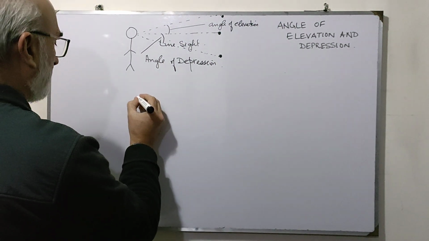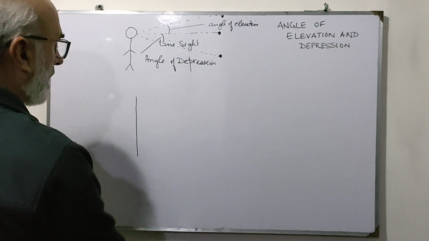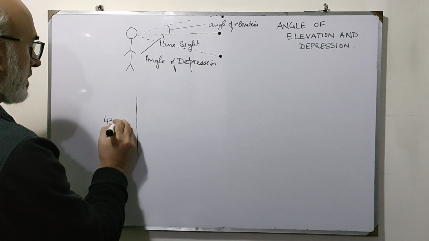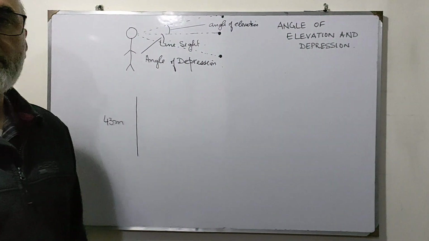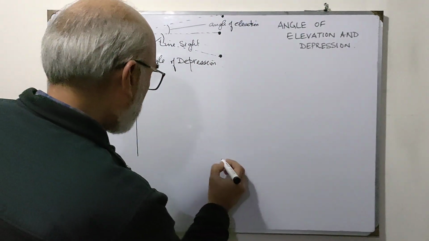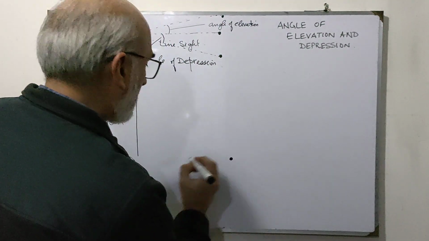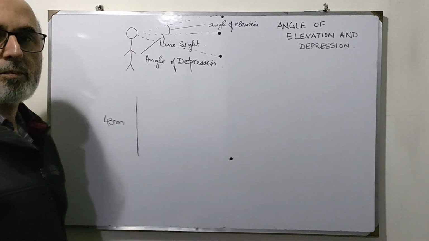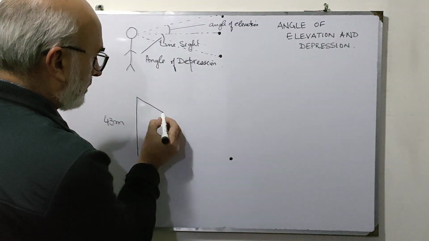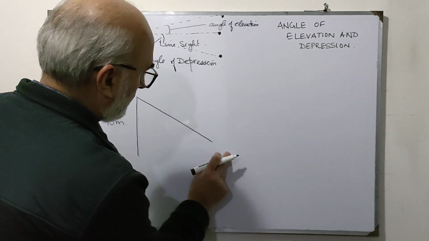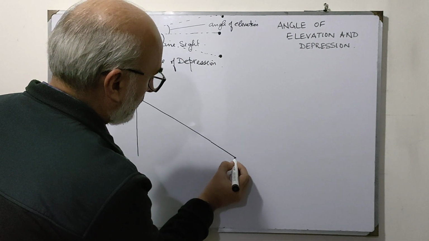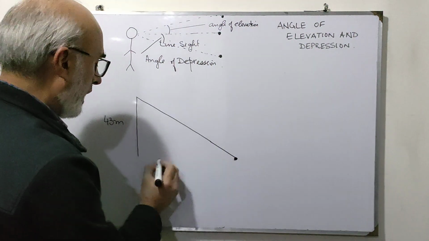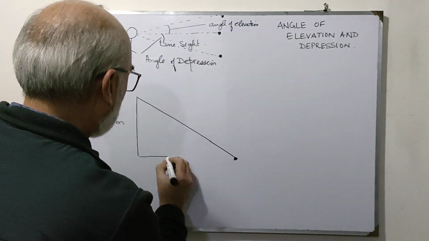Suppose this is some building and this is 43 meters high, and there is someone who is looking towards the top of the building, and this is ground level.